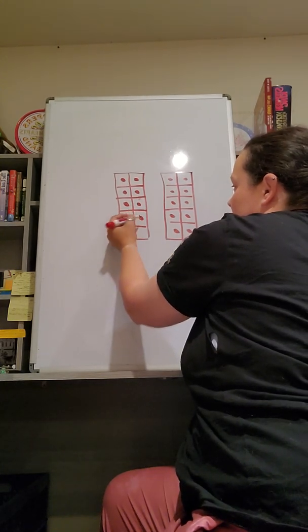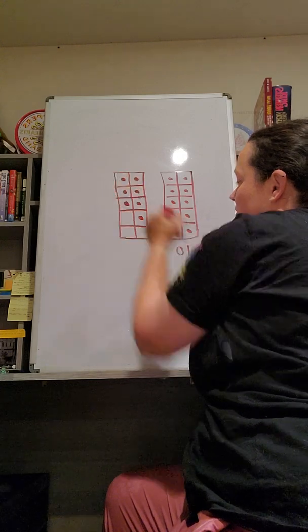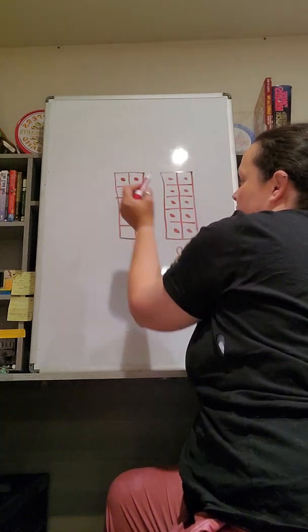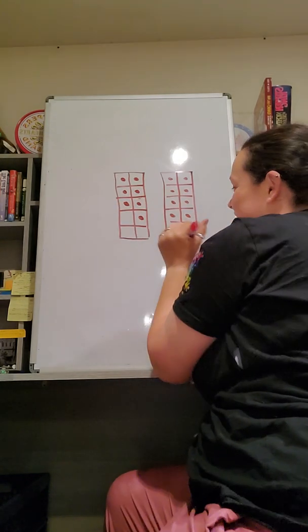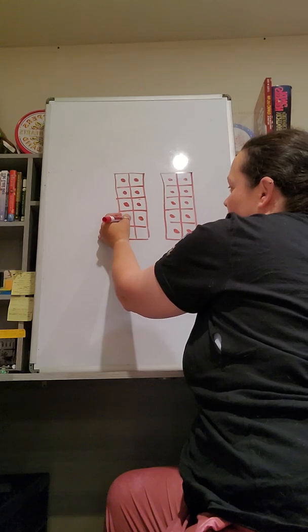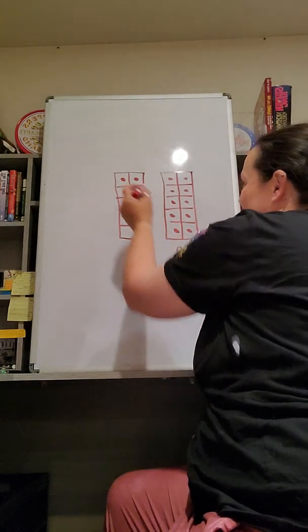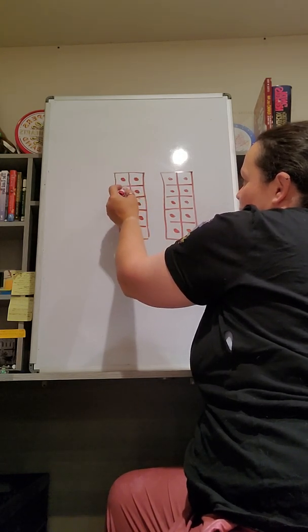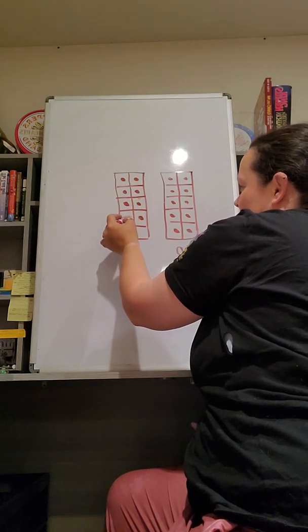One more, so 6, 7. So 10 plus 7, or 10, 11, 12, 13, 14, 15, 16, 17. And one more. I miscounted, I apologize. That's 8: 10, 11, 12, 13, 14, 15, 16, 17, 18.